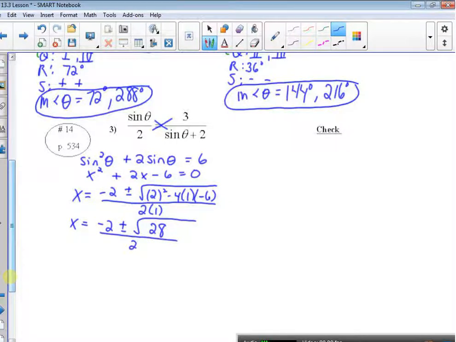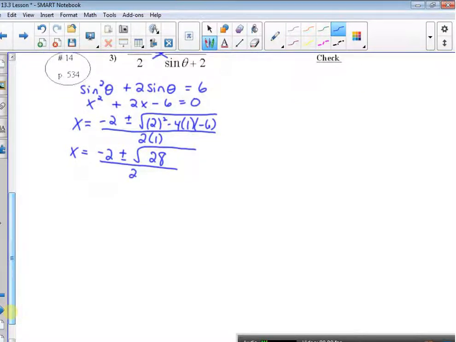divided by 2. So now I'm going to break it into x equals, I'm going to bring back the sine, and make that theta. So sine theta is going to be negative 2 plus radical 28 divided by 2, and sine theta is going to be negative 2 minus radical 28 divided by 2.